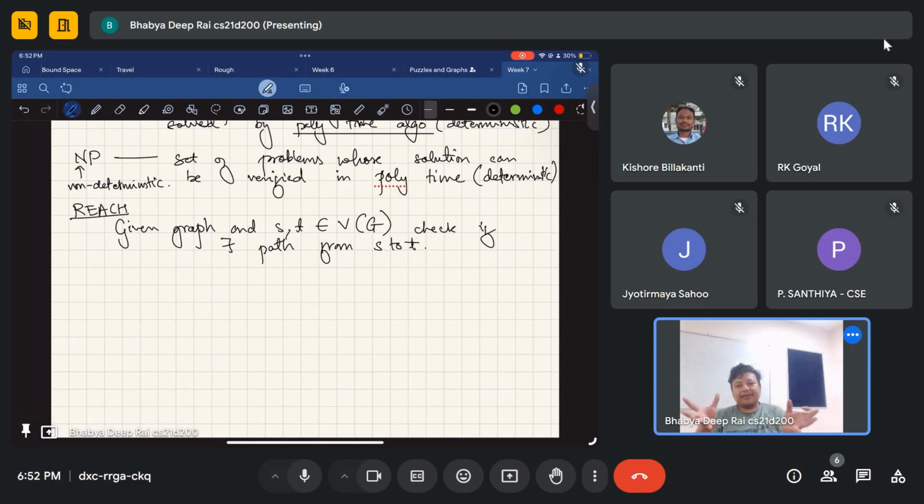You are given a directed graph and two vertices S and T, which belong to the graph.